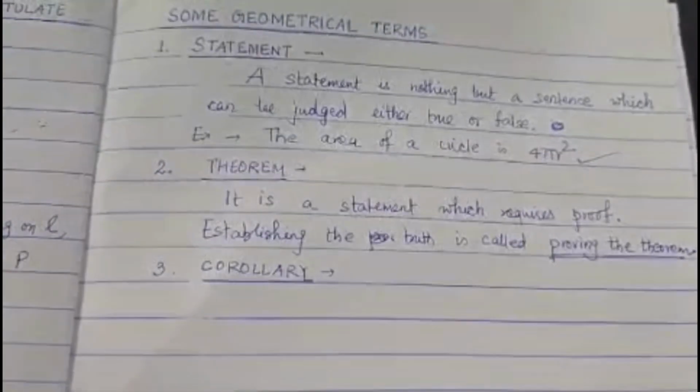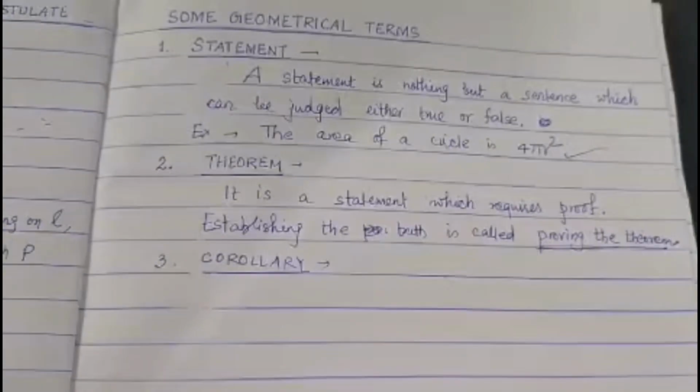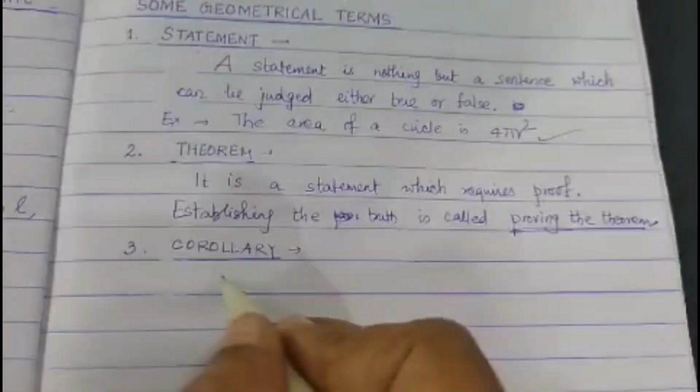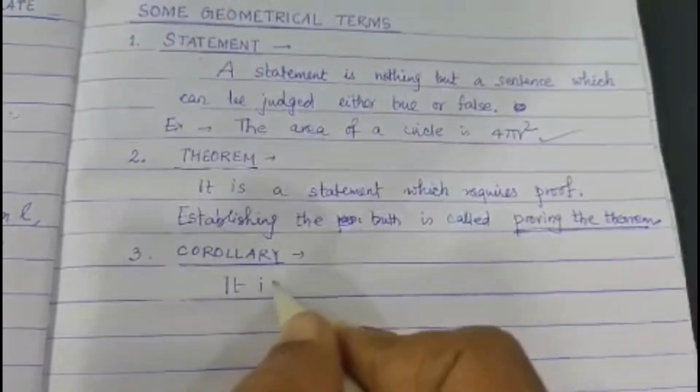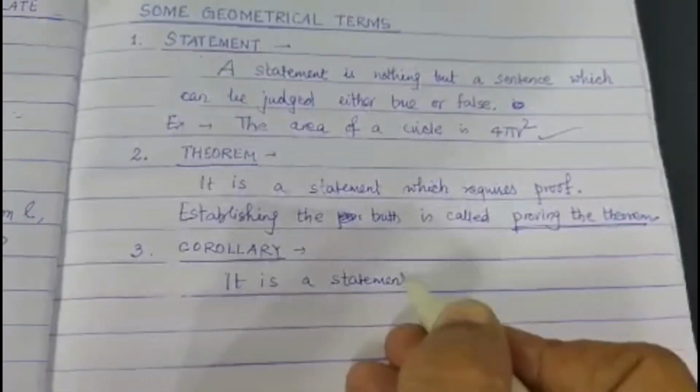Now the third one is corollary. What is a corollary? A corollary is a statement whose truth can easily be deduced from a theorem.